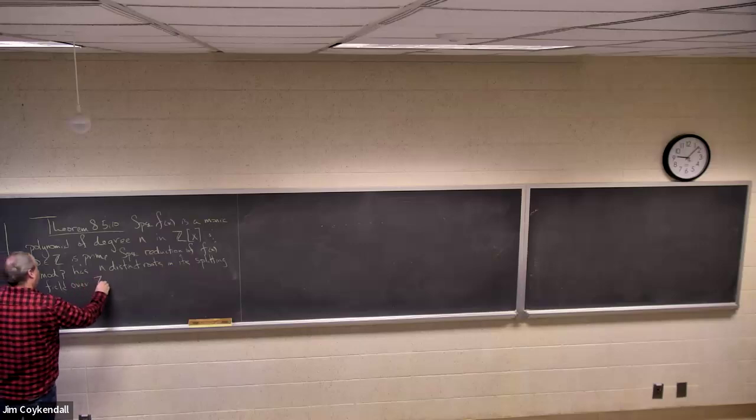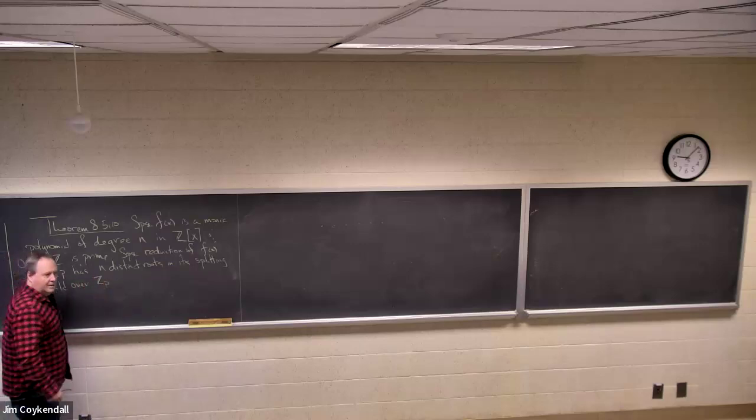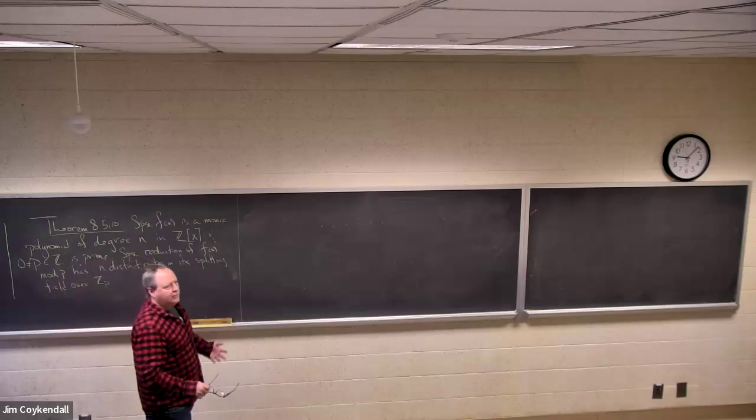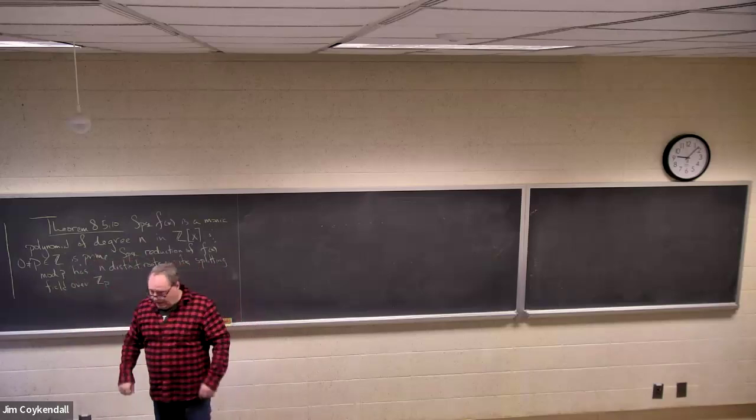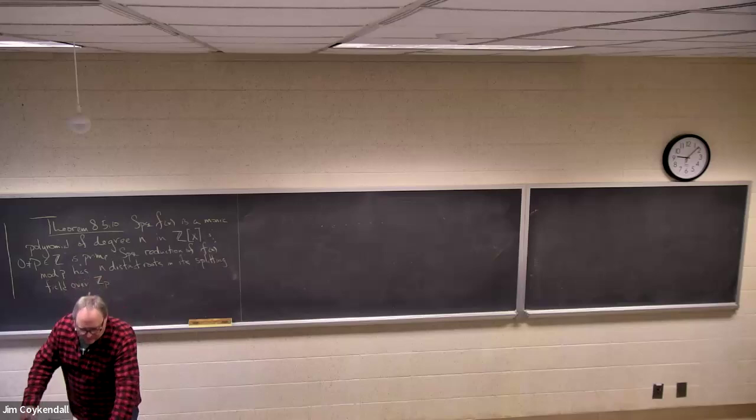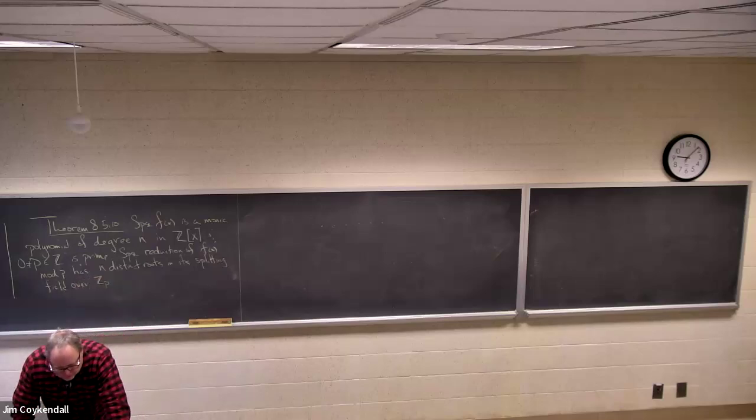So you take your polynomial, you reduce it by p, you get some other polynomial. Assume this polynomial has n distinct roots over the splitting field of Z mod p.